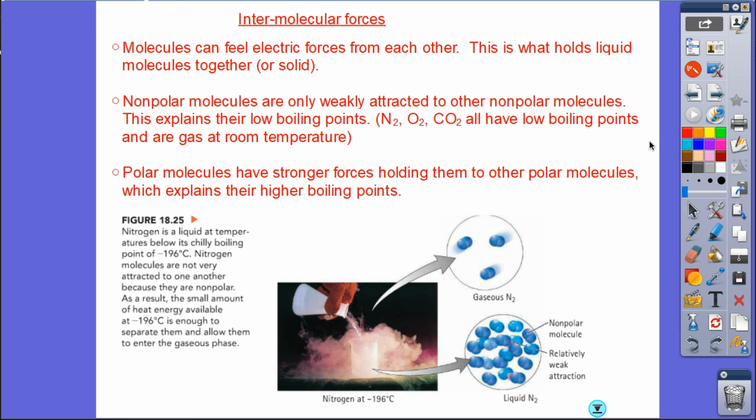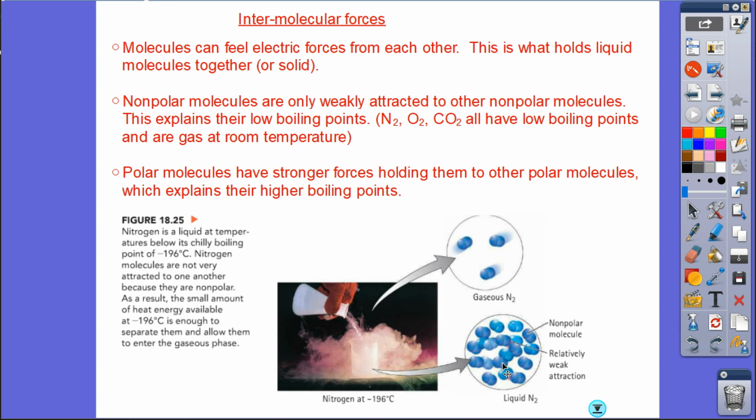One way is when nonpolar molecules are only weakly attracted to other nonpolar molecules. In these kinds of substances, because all the molecules in a balloon full of nitrogen are nonpolar, or a cup full of nitrogen, that material is not held together very strongly.